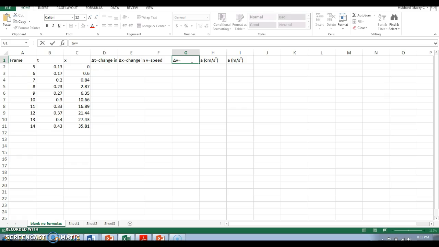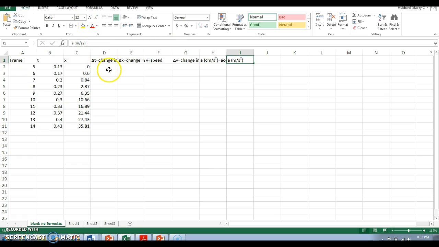Delta v again means change or subtract, so that's going to be change in velocity or speed. And then a is in centimeters per second squared, that's acceleration. And the only difference to this one is it's still a, which is acceleration, but instead of centimeters, we wanted to change it to meters, but don't worry about that right now.